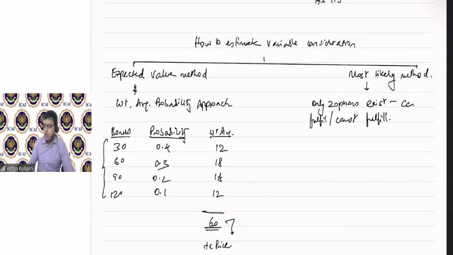That means if the probability of fulfilling is more than 50%, then you straight away take that amount as your variable consideration. And if it is less than the 50% criteria, it will not be considered in the revenue. Are we clear with the two approaches?